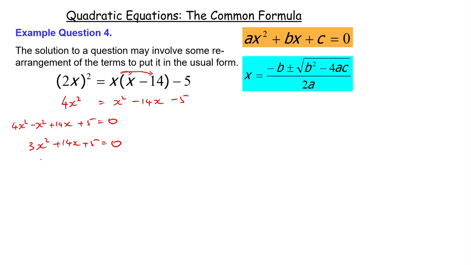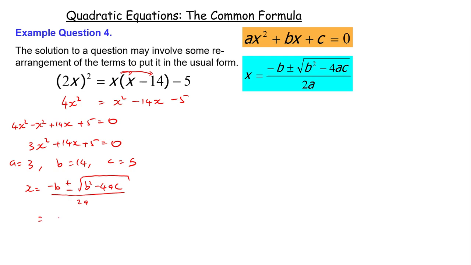Okay, so now I can look at these terms. I can take my a, which is the coefficient of x squared, which is 3. Take my b, coefficient of x, which is 14. And c, the number, is 5. Okay, so my formula, always write the formula: x is equal to minus b plus or minus the square root of b squared minus 4ac, all over 2a.